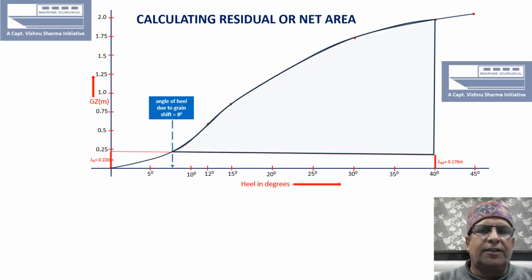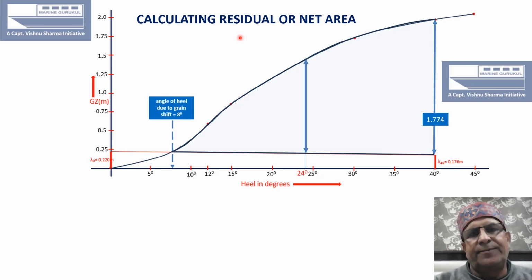This is the area that we have to calculate. I have used rule 1 this time. So between 8 and 40, we can have one more ordinate and we get the common interval in this case. The common interval will be 16 degrees. And we have these blue arrows representing the three ordinates now.